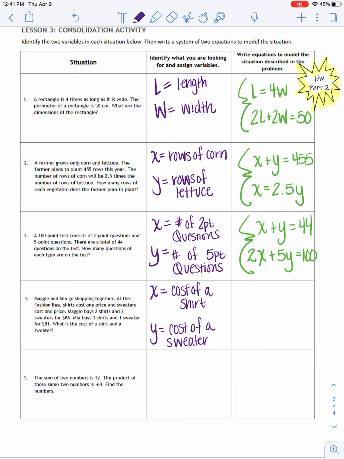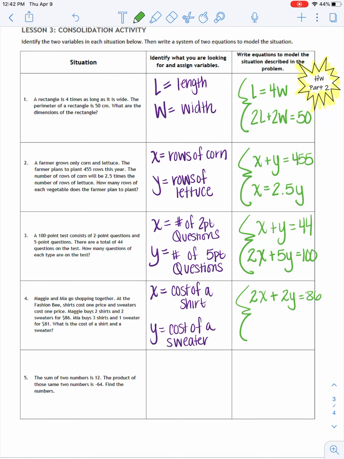Let's write that system. Okay, so we know Maggie buys 2 shirts. So I can multiply 2 times the cost of a shirt, which is X, and she buys 2 sweaters, so I can take 2 times the cost of a sweater, and she spent $86.